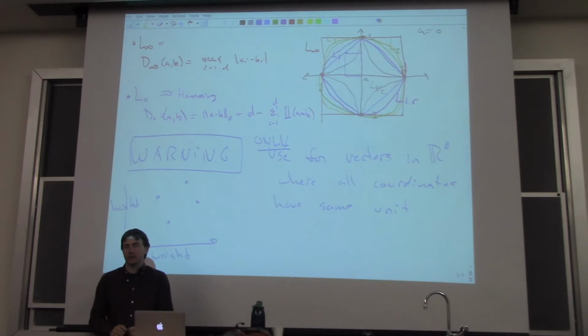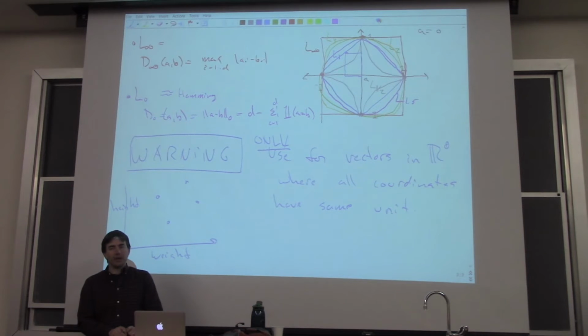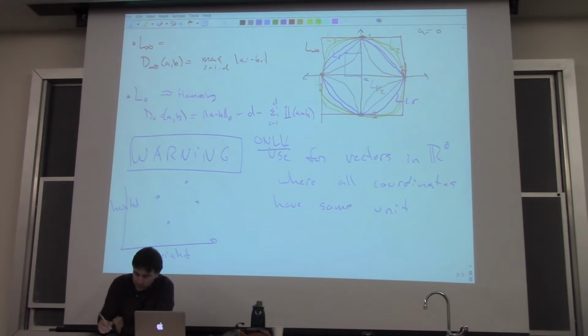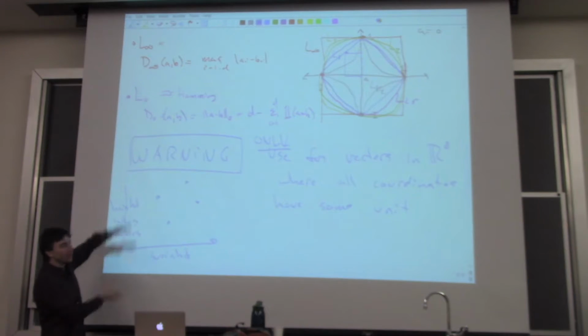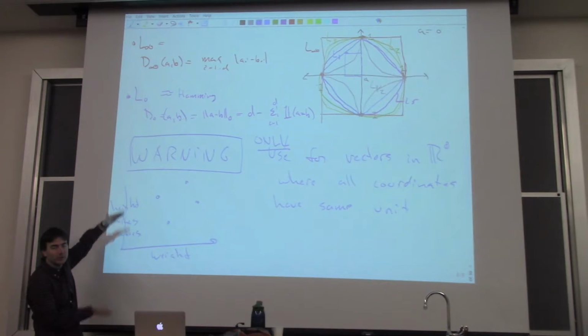The height will dominate, so everything will be based on height. Yeah, well, it depends on what scale I use for height. Is this going to be in inches, or in meters? If I choose meters, it's going to be between 1 and 2 probably.